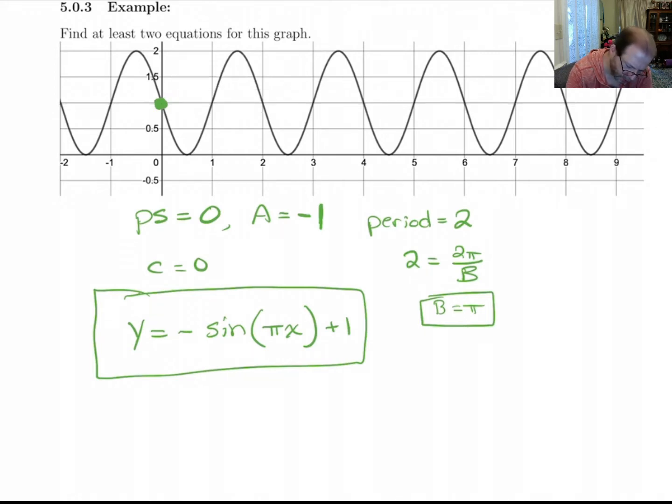All right, let's do one that's a cosine. We could pick to start here or to start here. It doesn't matter. Let's start at this one.